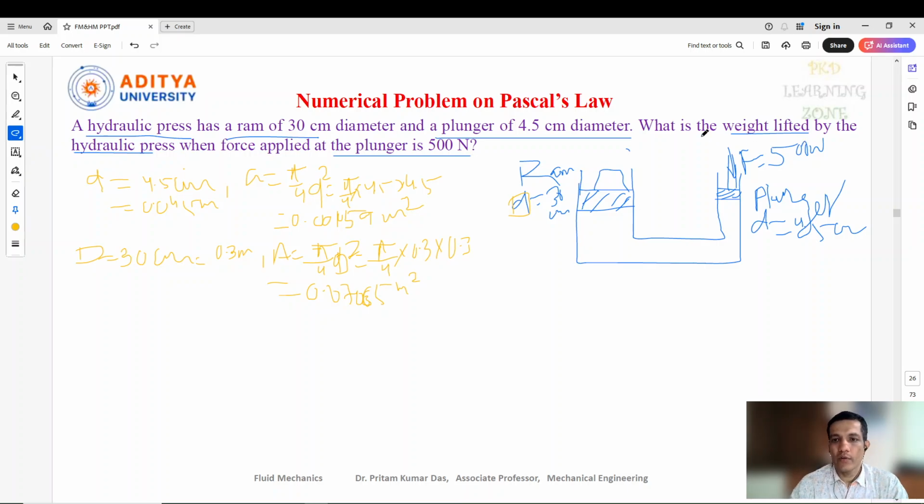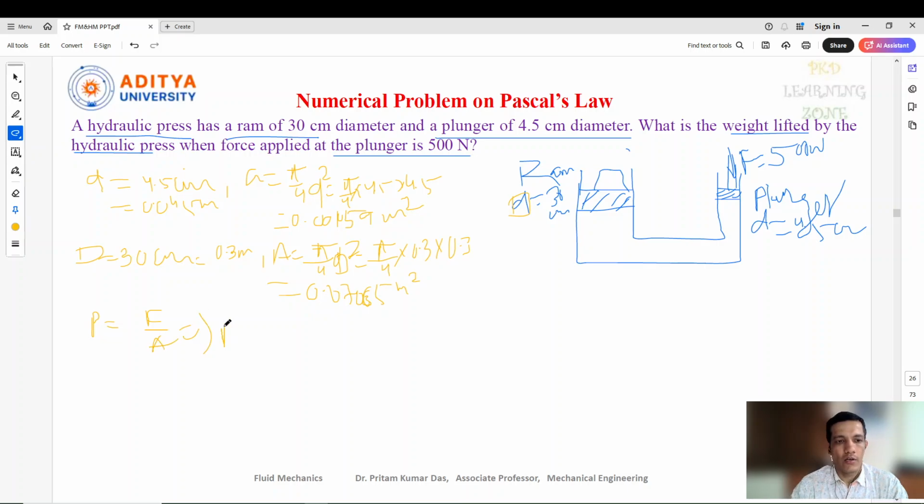Now the question is, what is the weight lifted by the hydraulic press when the force is applied here at the plunger side? So due to this force, how much load is going to be raised, or how much weight is going to be lifted, that we need to calculate. So let's first calculate the pressure applied here at the plunger side. We know that P equals force by area.